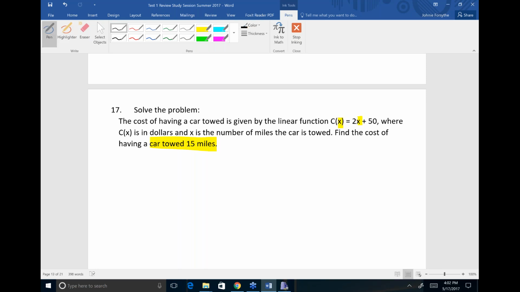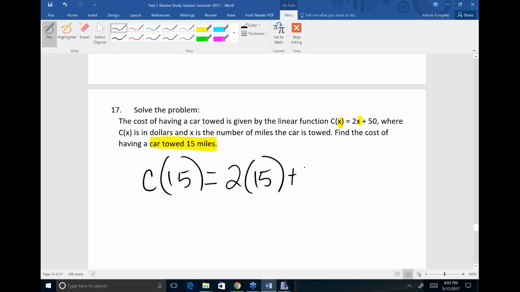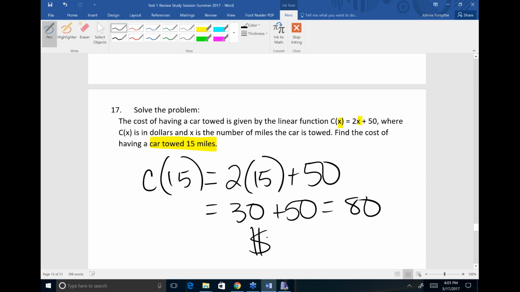So we're going to plug in 15 for x. So we're finding C of 15. That'll be 2 times 15 plus 50. So 2 times 15 is 30 plus 50 equals 80. So the cost of having the car towed 15 miles would be $80.